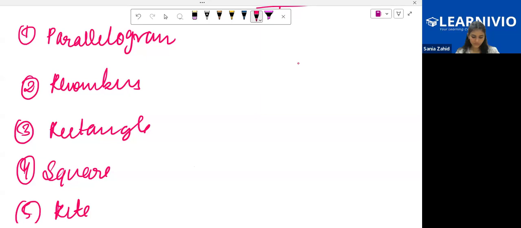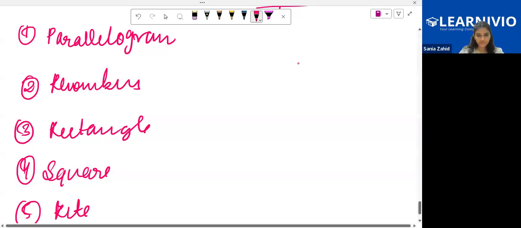Ma'am, can I say? Yes. Two sides are equal. Let Ammar say. Two sides are equal and diagonals bisect each other. Okay.